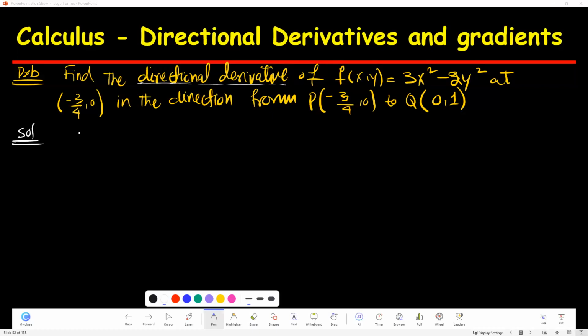So I should not be making any assumption. So my PQ, that is my vector, is given. I'm going to say it is 0 minus minus 3 over 4 i plus 1 minus 0 j. If I simplify this one, it's going to be 3 over 4 i plus j.